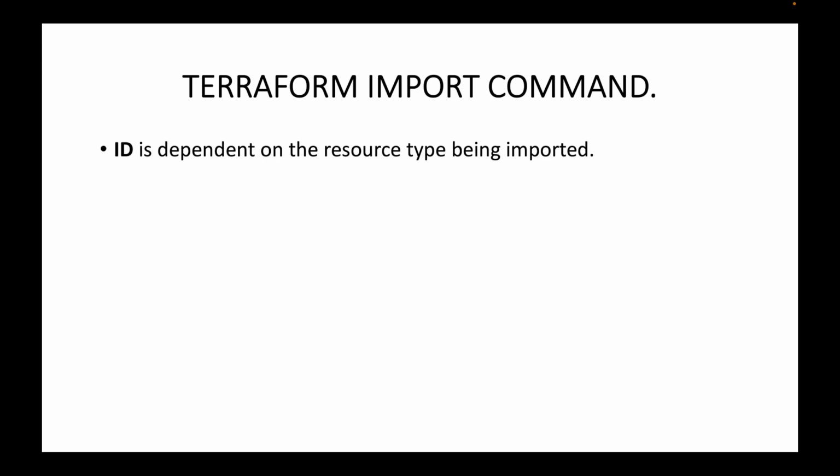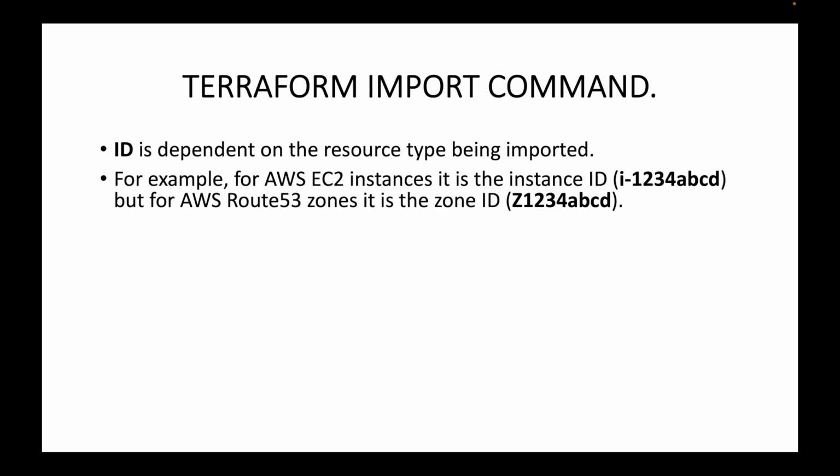Now here the ID is dependent on the resource type being imported. So for example, if your resource type is an EC2 instance, that will have its own ID, or if it's a load balancer, that's a different ID, or if it's Route 53, that's a different ID. So the ID is totally dependent on the resource type that you want to import. For AWS EC2 instances, it is the instance ID, and for Route 53 zones, it will be the zone ID.